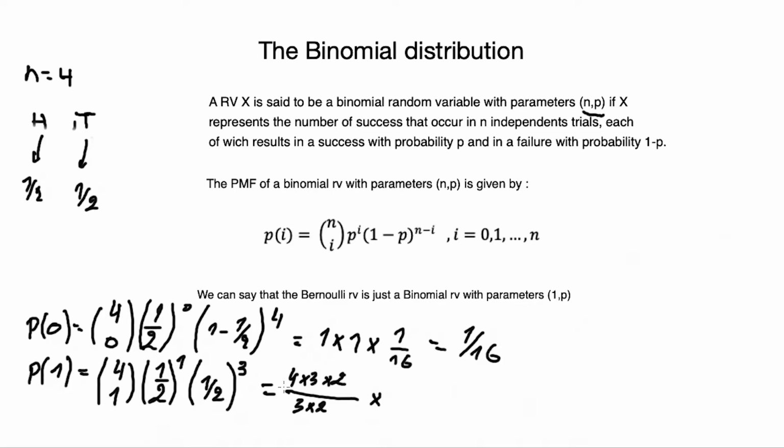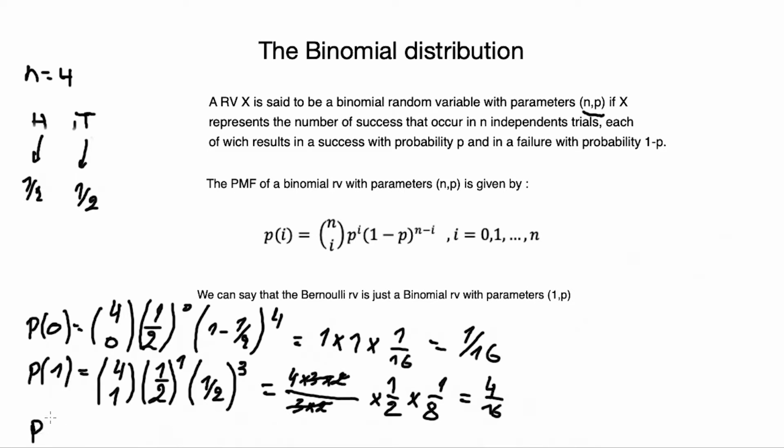So 1/2 power 1 times 1/2 power 3 is 1 over 8. So this will cancel with this 2 also. We will get 4 over 16.